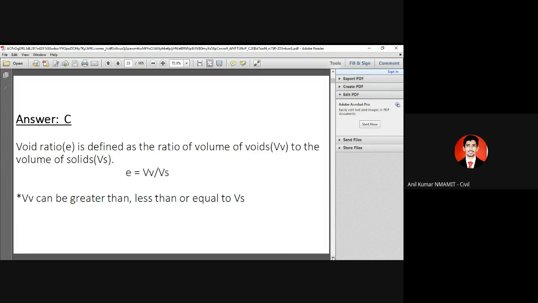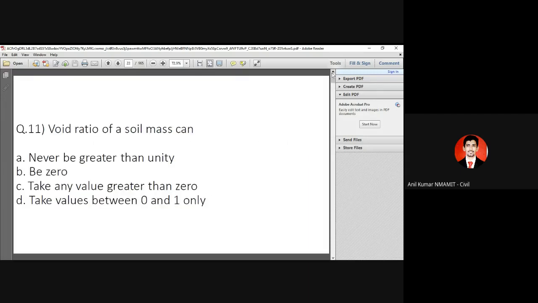That is why the answer for this is C. It can take any value greater than 0. The void ratio can take any value greater than 0. So whatever you people have told is right.